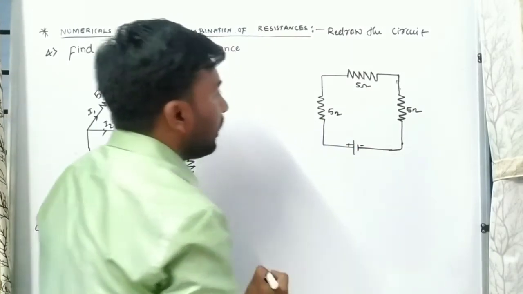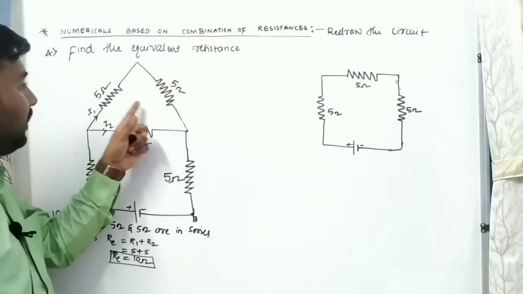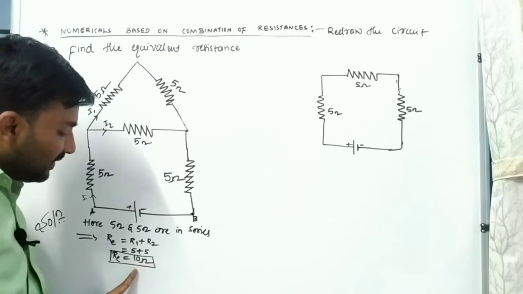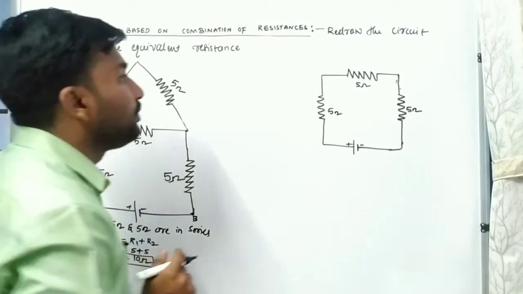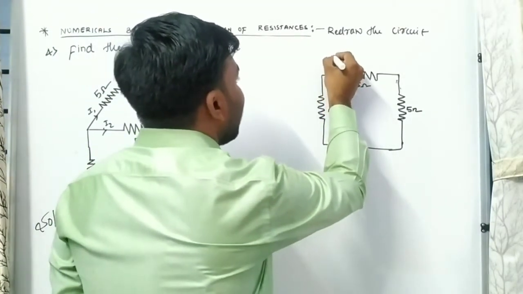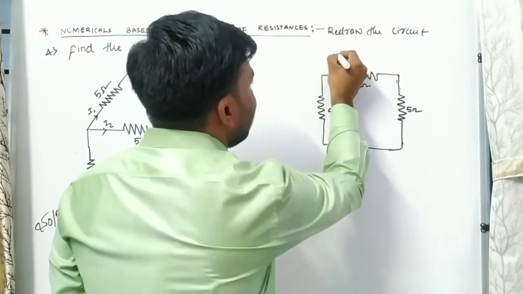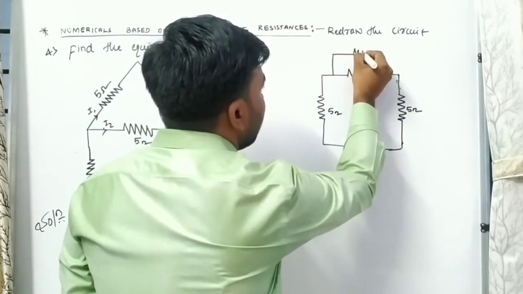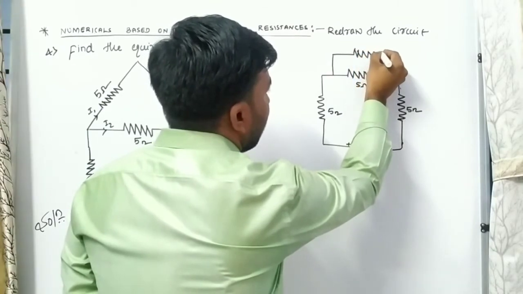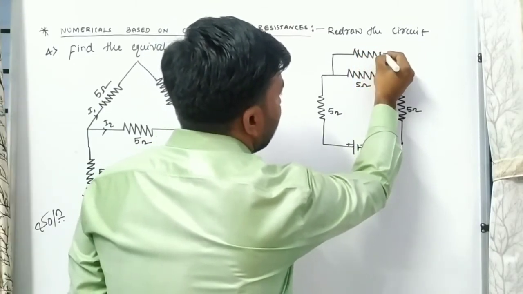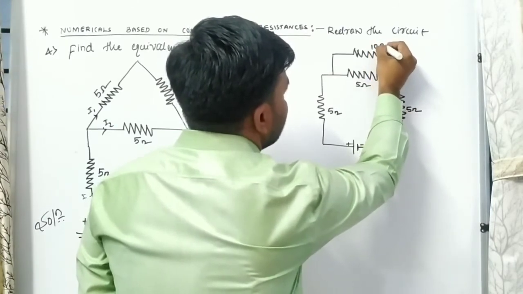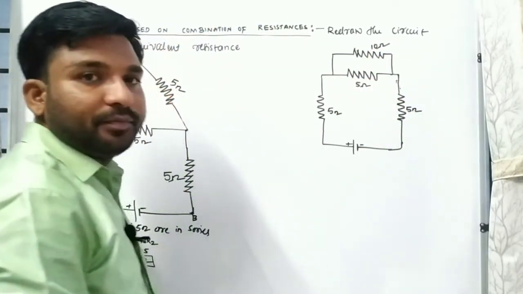Now in place of these 2 resistors we got the equivalent resistance which is 10 ohm. So I will connect that 10 ohm resistance here. Fine. So it has the resistance 10 ohm.